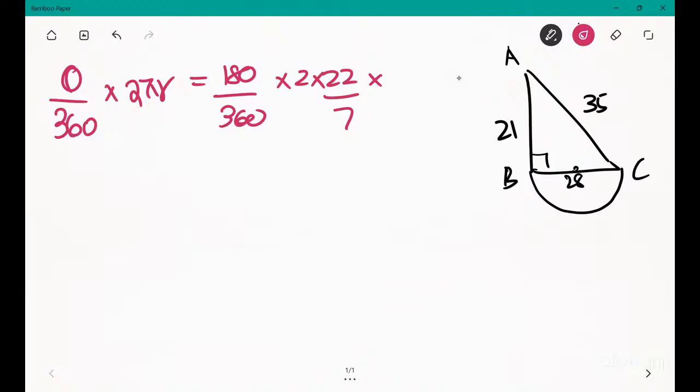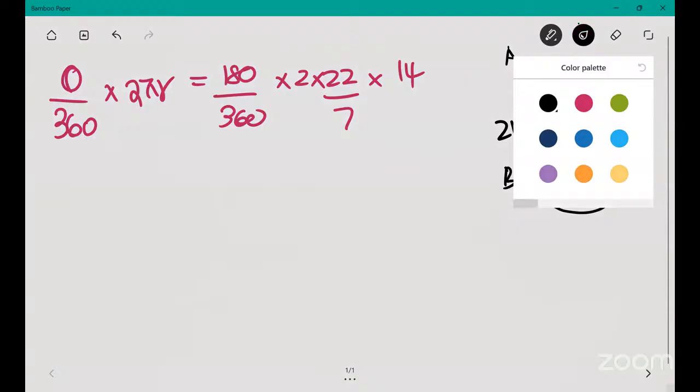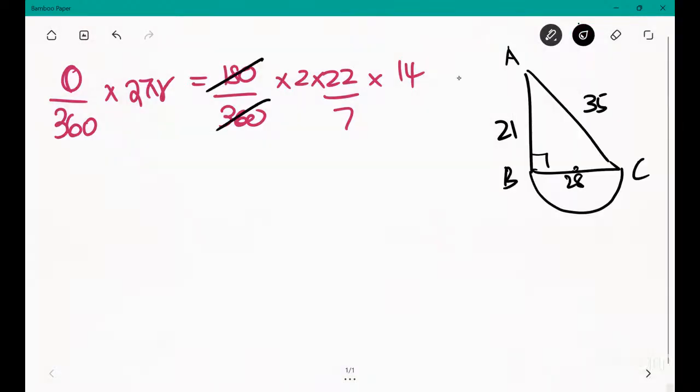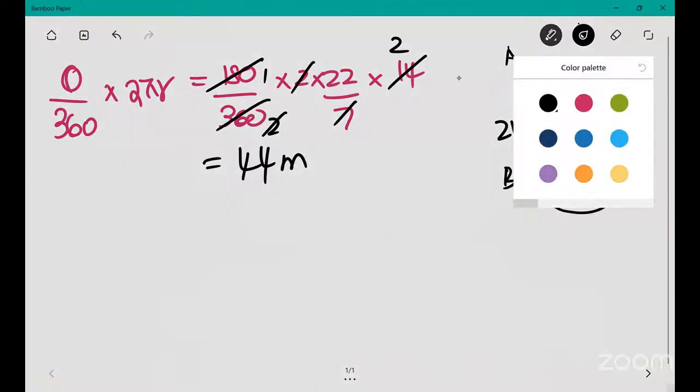So 28 divided by 2 is 14. So here we can simplify. 180 divided by 360 is a half, the 2 simplifies, and then you get your answer as 44. The unit here is meters. 44 meters is the perimeter of the semicircle.